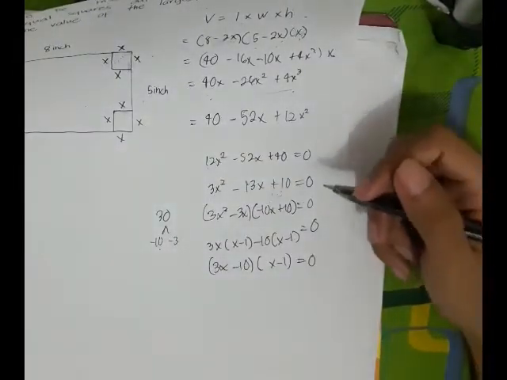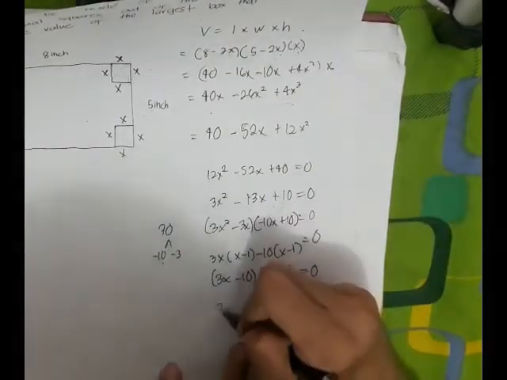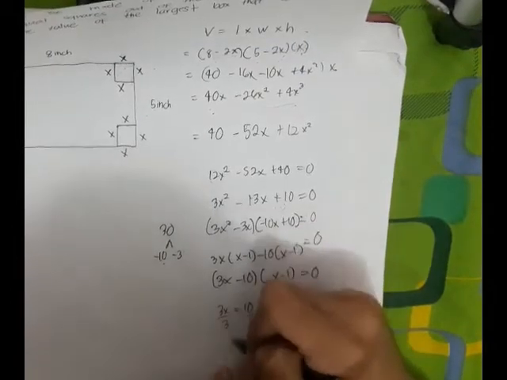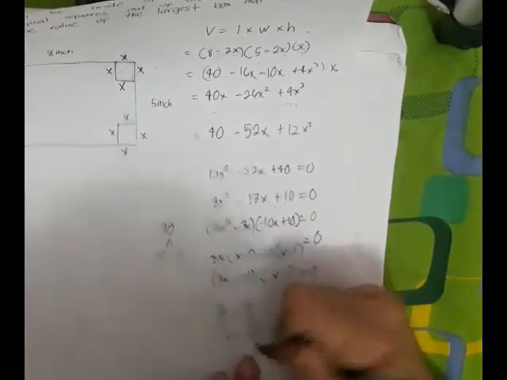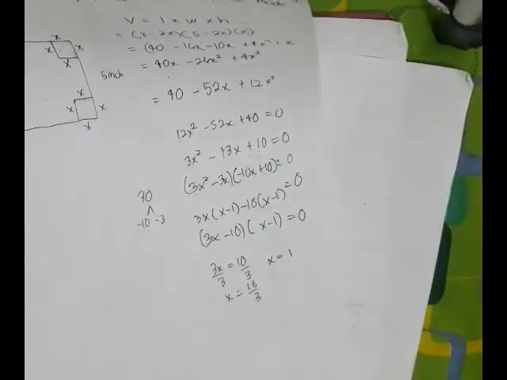Now we can get the value of x. 3x equals 10, so x is 10 over 3, which is about 3.33. Here x is equal to positive 1.